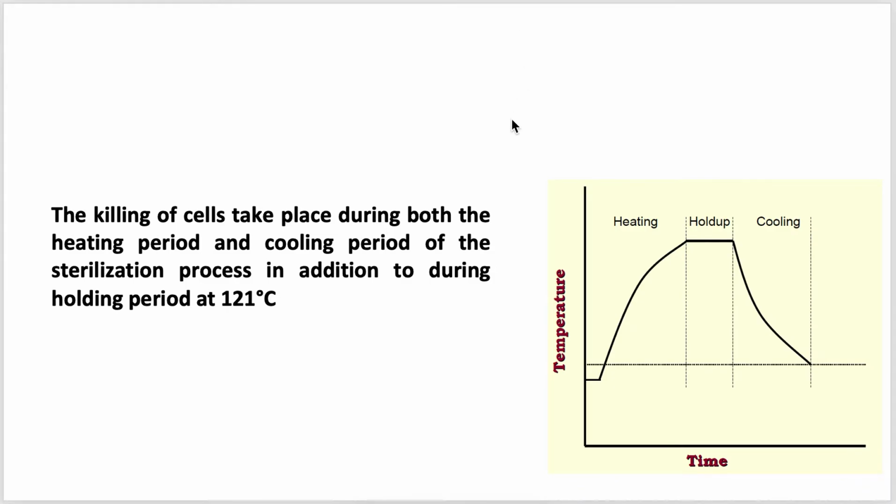As I already said, the batch sterilization process has three steps: the heating step, holding step, and cooling step. The destruction of microorganisms occurs in all these steps: heating, holding, and cooling.